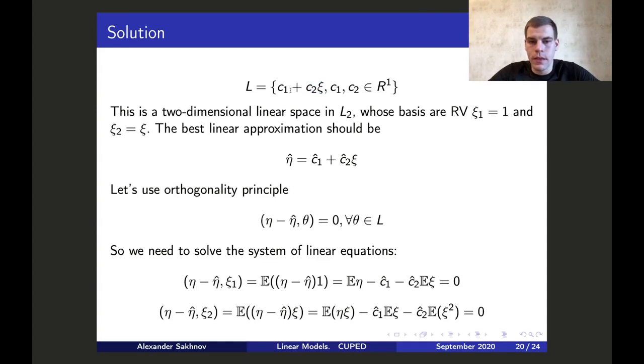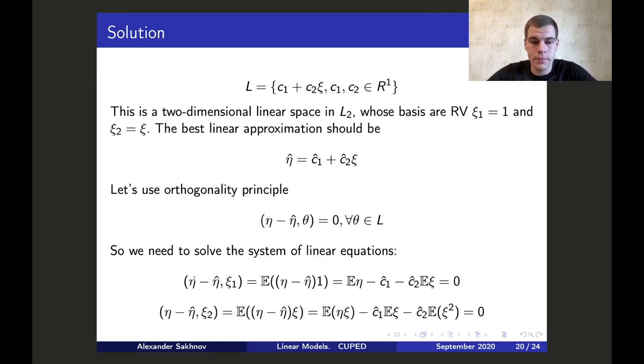So our target, the best linear approximation, can be represented as a linear combination of these vectors, and all we need is to find these two constants, c1 and c2. And to do it, let's use the orthogonality principle that claims that the height should be orthogonal to every element from L. And we know that L consists of two elements, 1 and xi.